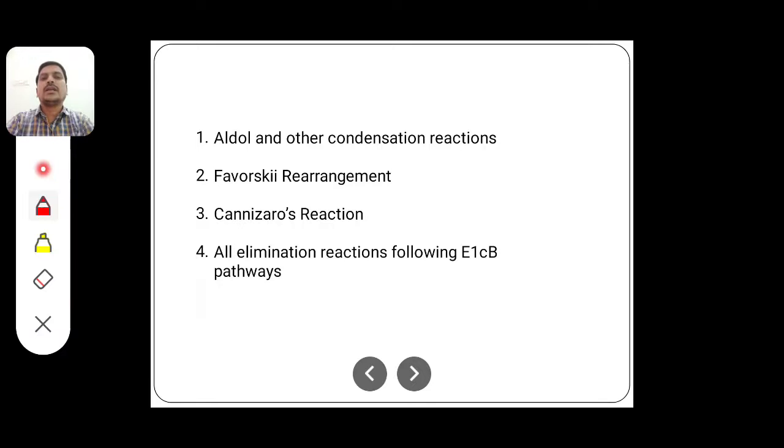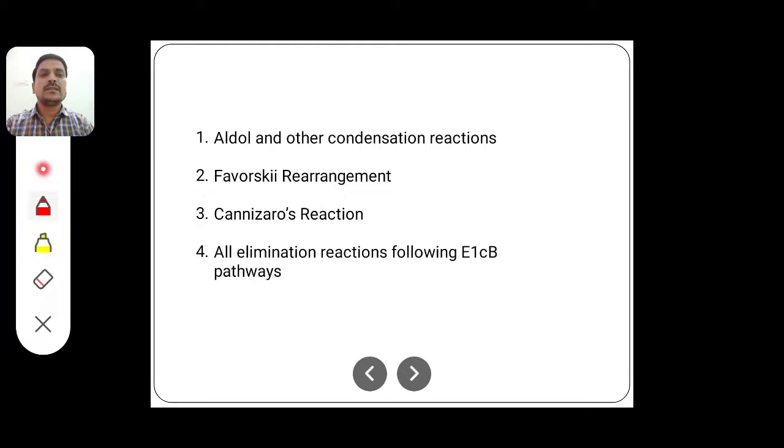Then what are the applications, or which reactions involve carbanion formation? First one is a very famous reaction, aldol condensation, and many other condensations like Claisen ester condensation, Perkin condensation, Dieckmann cyclization. Such reactions involve the formation of carbanion. They take place via formation of carbanion.